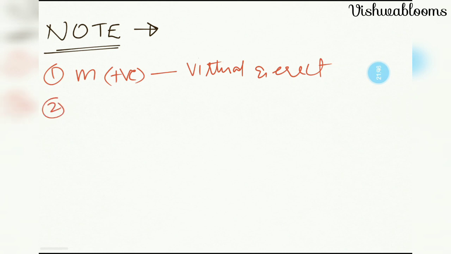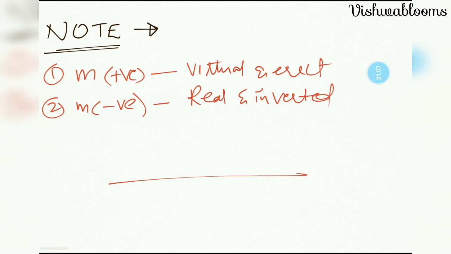Now, second rule. If m is negative, then the image is real and inverted. Real images only are formed in front of the mirror, right? If the image is forming there, it is obviously a real one and it will form inverted images. Clear? Okay. Now, if the magnification is greater than 1, that means image is bigger than object.